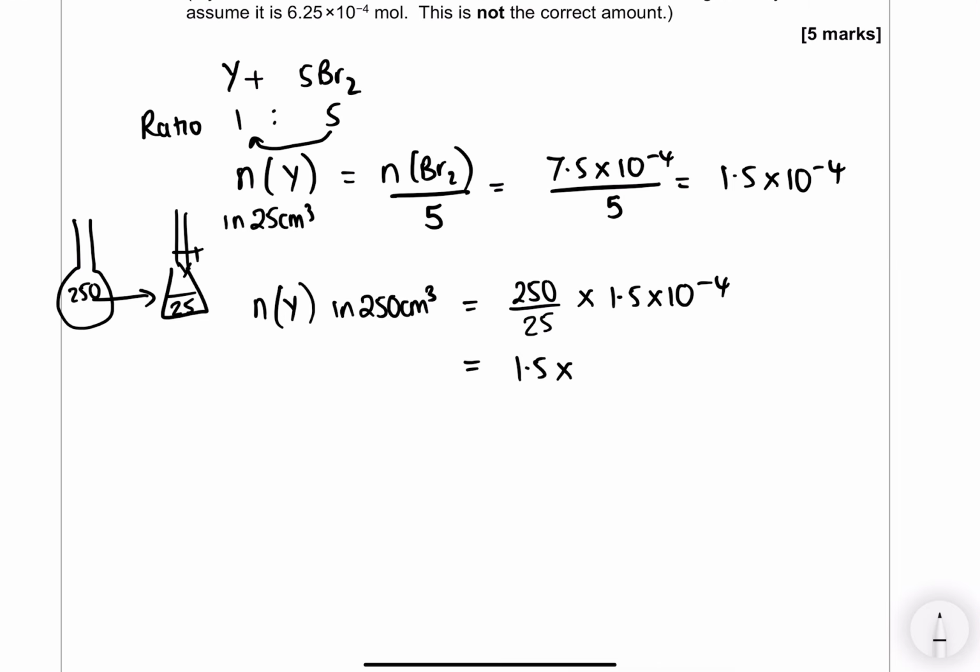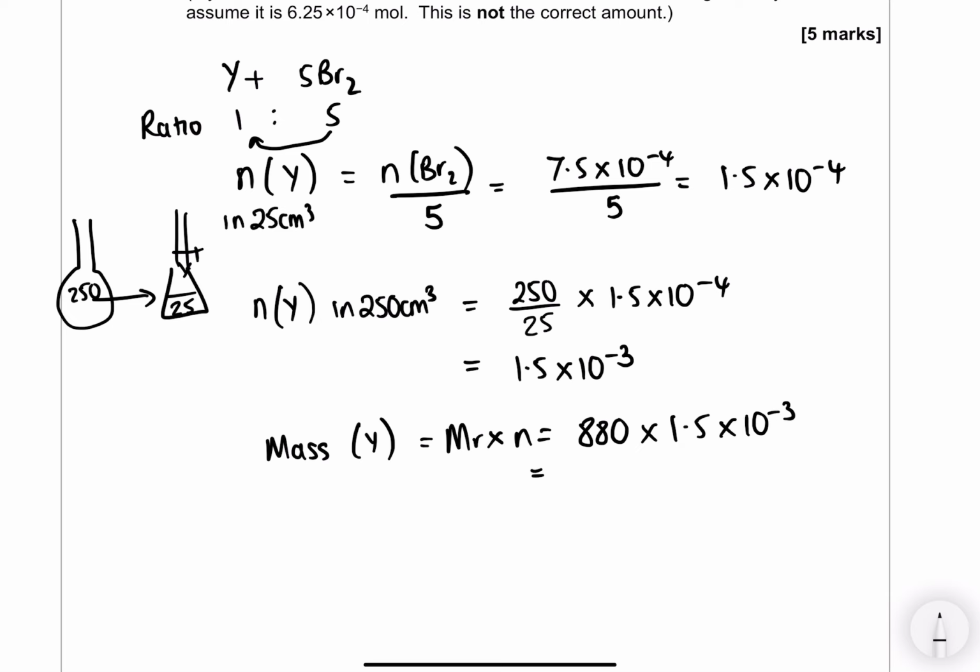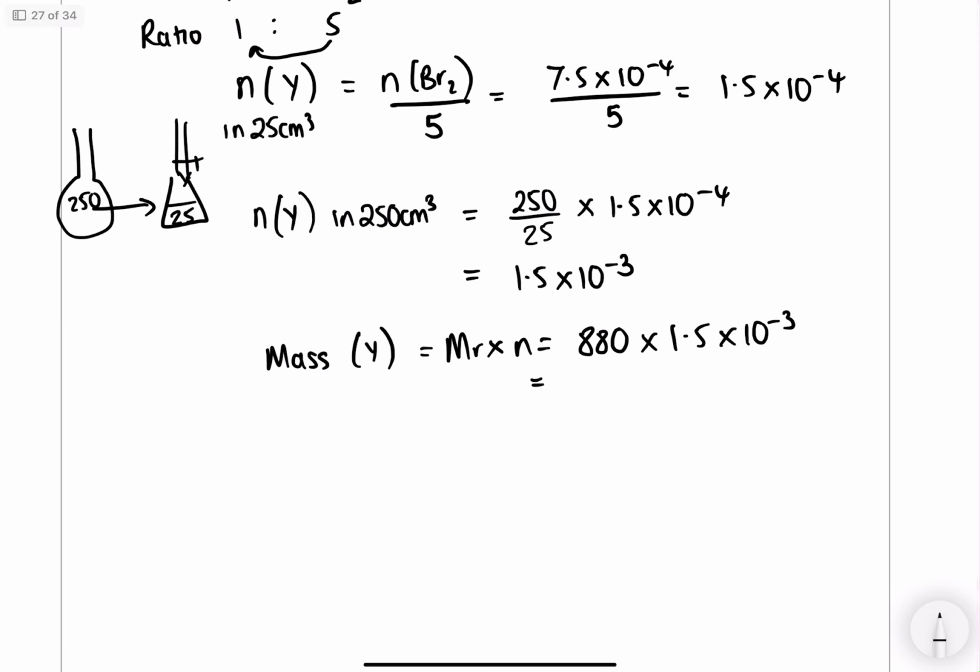We get 1.5 times 10 to the minus 3. So then the mass of Y, mass is Mr times moles, 880 times 1.5 times 10 to the minus 3. Again, we put that in our calculator and get 1.32 grams.